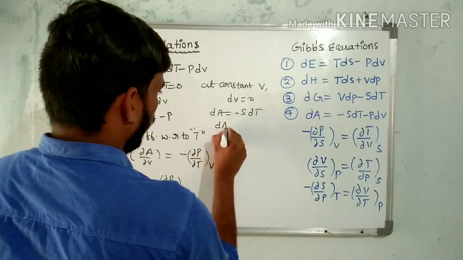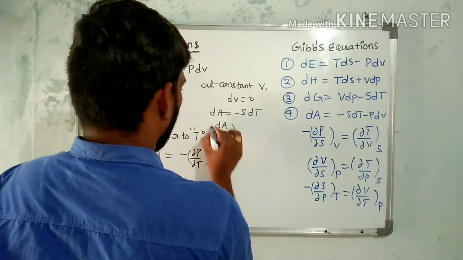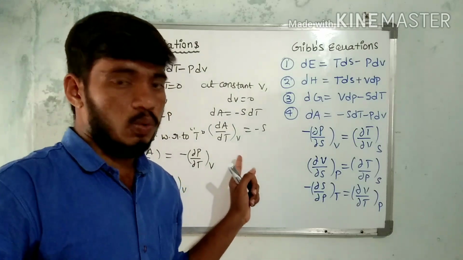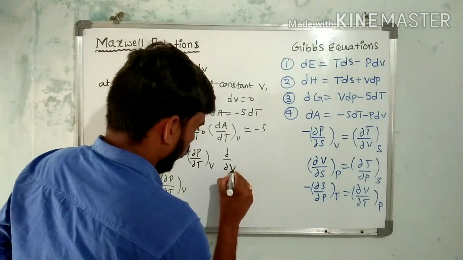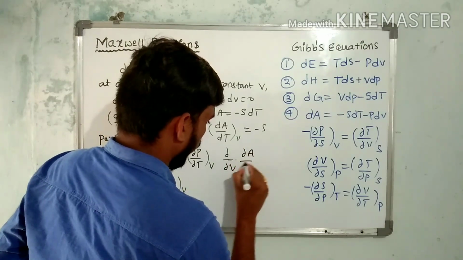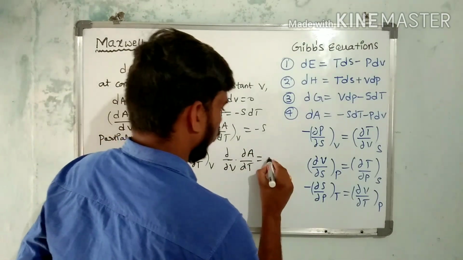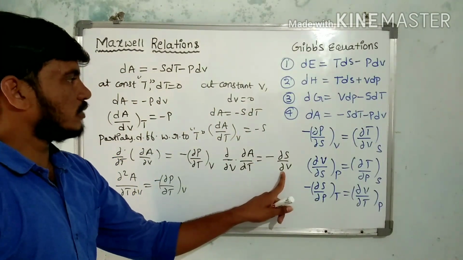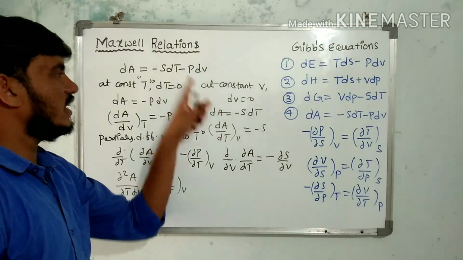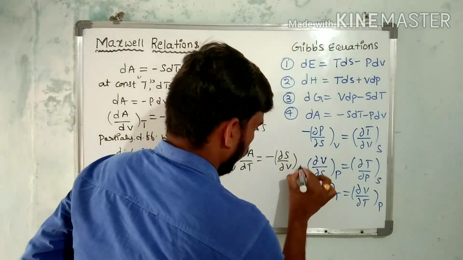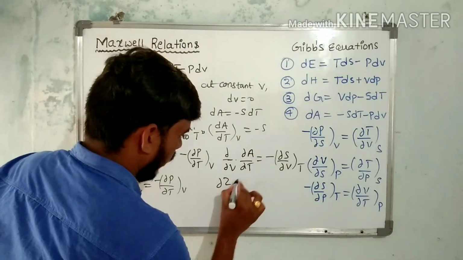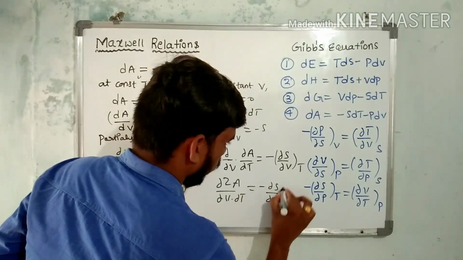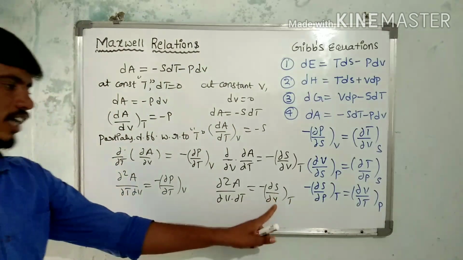Now ∂A/∂T at constant volume is equal to minus S. In this term, partial differentiation with respect to volume: ∂/∂V of ∂A/∂T is equal to minus ∂S/∂V, with subscript T. Now ∂²A/∂V∂T is equal to minus ∂S/∂V at constant temperature.